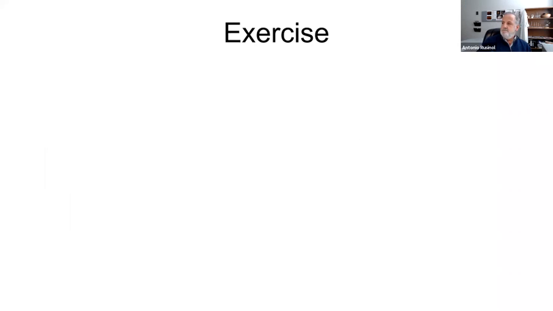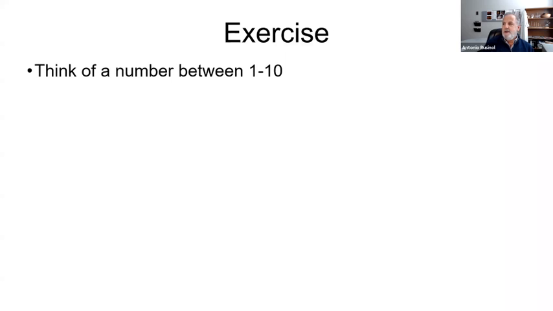Some of you might have seen this exercise already, but just be patient with me. You are supposed to think of a number from 1 to 10. You can write it down if you want, or just think about it. Number from 1 to 10, then add 2 to that number.